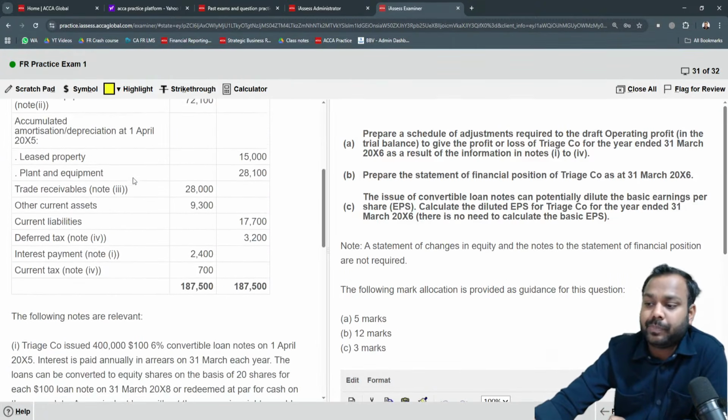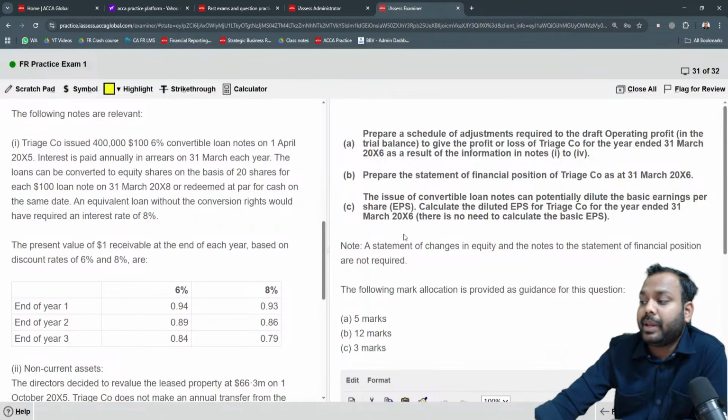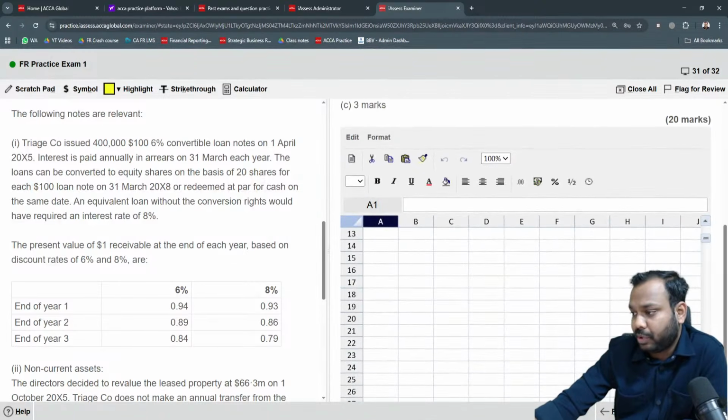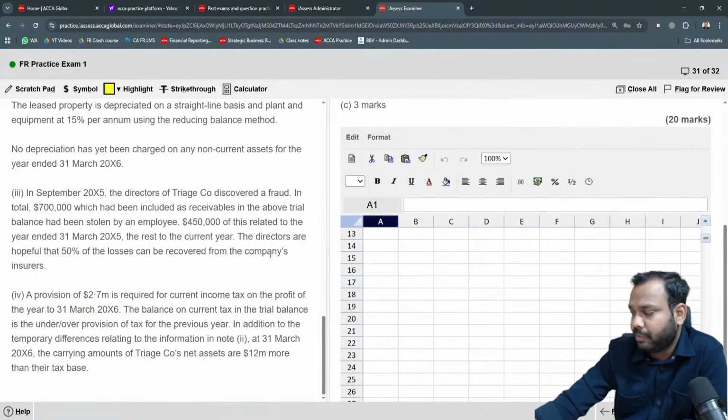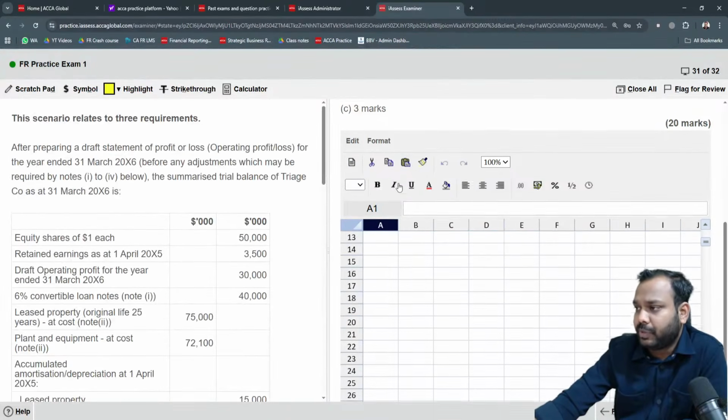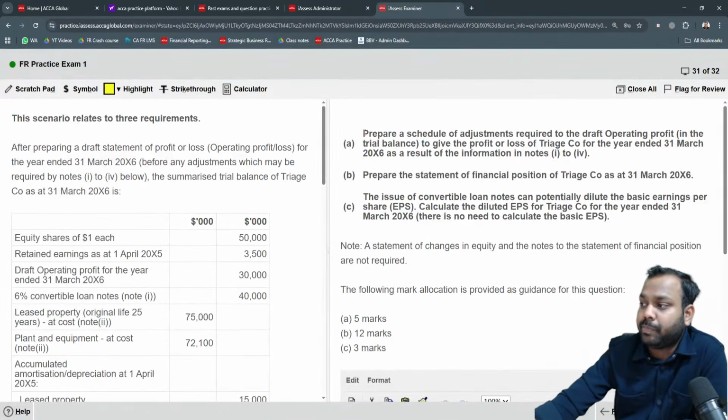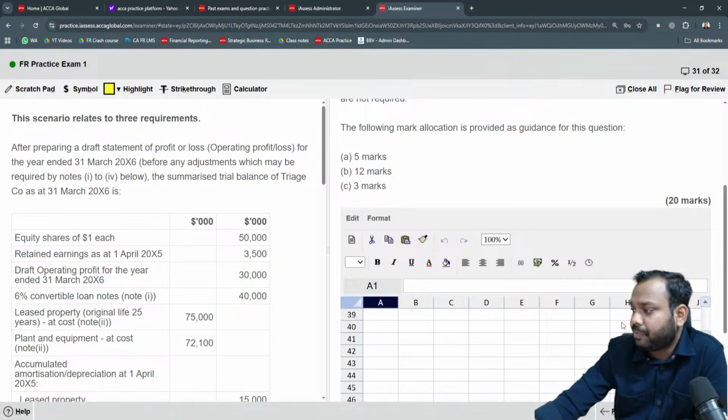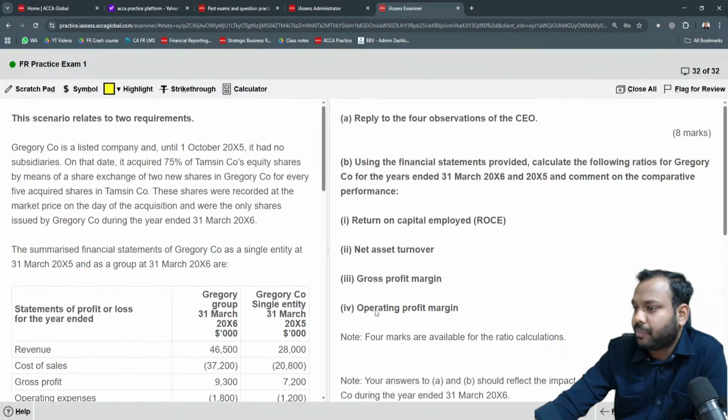See, this is the question, and this question is coming from preparation of financial statements. Okay. Next, this question is from preparation of financial statements. See, it says prepare a schedule of adjustments, prepare a statement of financial position, right? Now, next, this question is from analysis of financial statements.